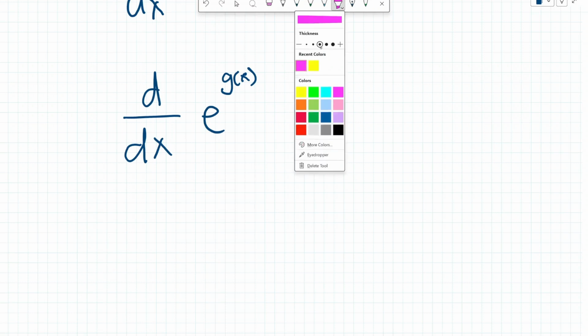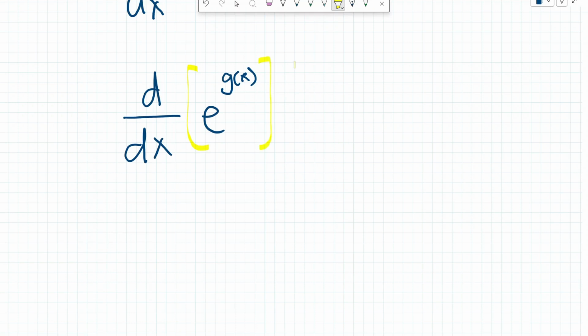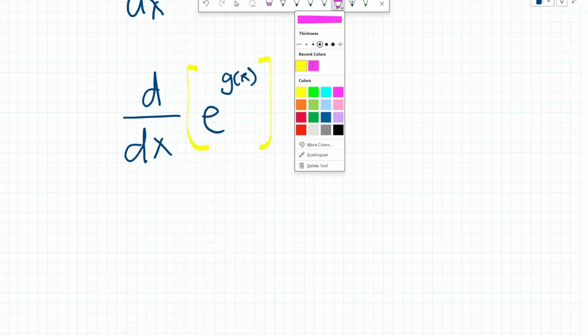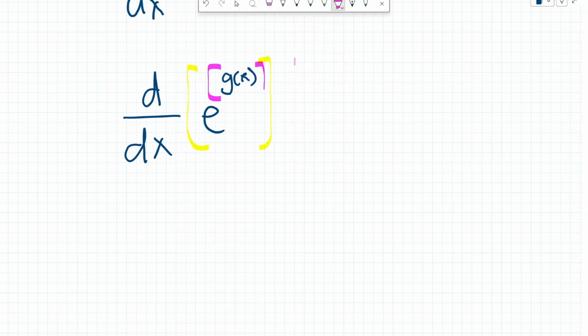So we can see that this is a composite function. So the e to the power of x is like our outside function, and then our g of x is our inside function. And whenever we have outside and inside functions, we always have to use the chain rule. So let's look at how we're going to take the derivative. Recall that the chain rule is the derivative of the outside function multiplied by the derivative of the inside function.